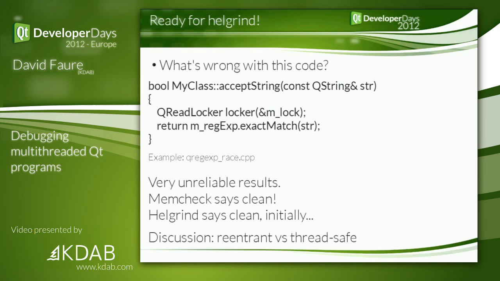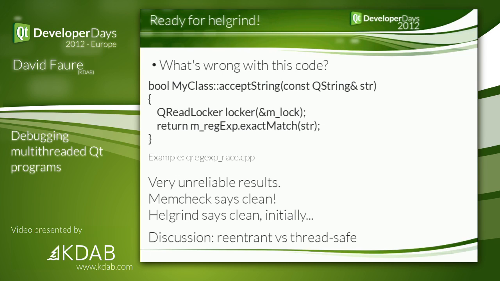But by default, that's not the case. It would require mutexes everywhere internally. Whereas if you see thread safe in the Qt documentation, that means it is thread safe to use this method from multiple threads, even on the same instance of the object. This is quite rare. You will find this in, for instance, QApplication postEvent. It's okay to post events from multiple threads using the same QApplication instance, no problem.